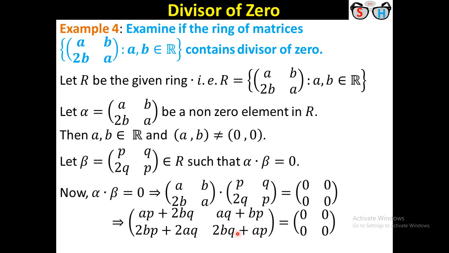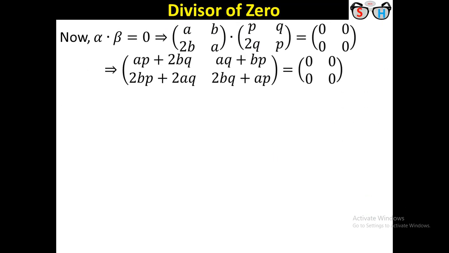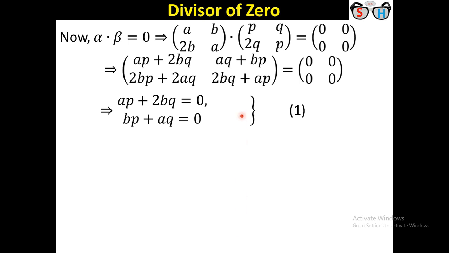These are the same elements. If we equate the components to 0, we get ap plus 2bq equals 0, as well as bp plus aq equals 0.